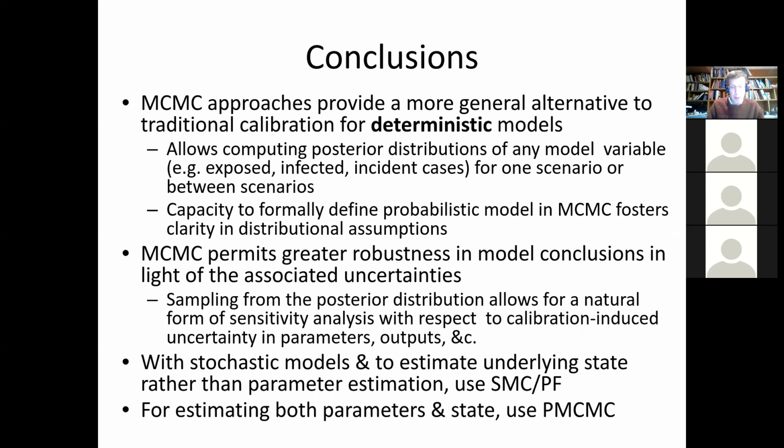If you want to estimate both parameters and state, inevitably for a stochastic system, use PMCMC. PMCMC takes what you learned today with MCMC, combines it with particle filtering in a very savvy way, and then uses that to sample jointly from the distribution over parameters and state of a system.